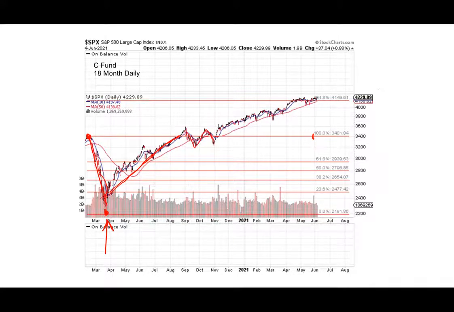We had a lot of churning in there, right? Market's trying to decide what to do. Once we finally broke to the upside, market kept moving higher until we get to 161.8. And we've been riding 161.8 since early April.